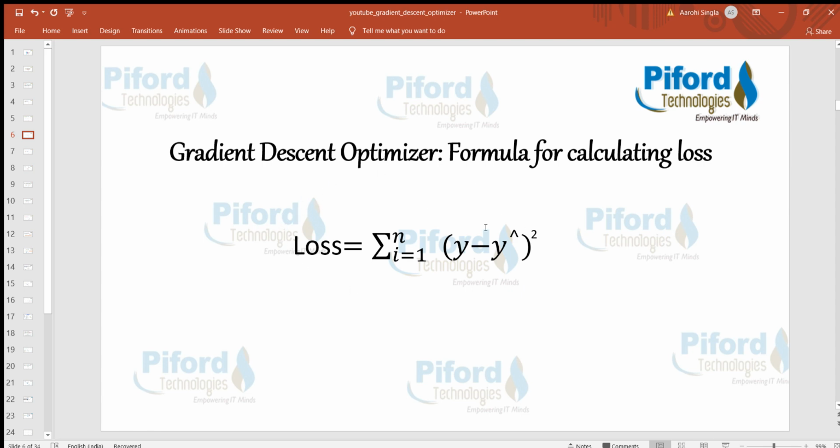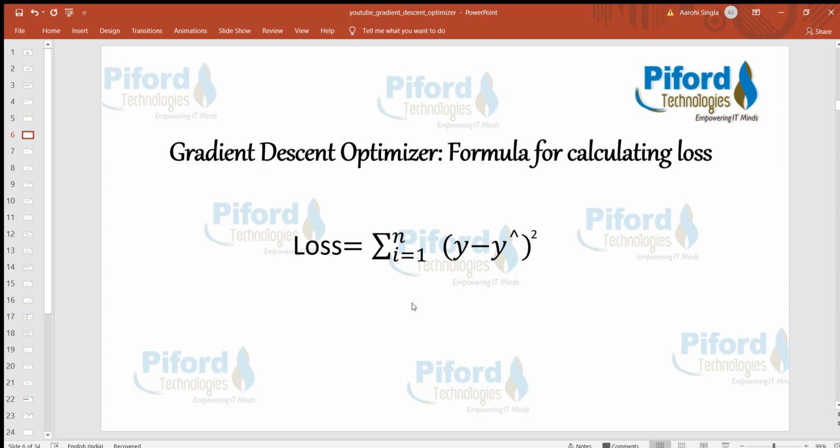The formula for calculating loss in the gradient descent optimizer is this. It is the summation from i equals 1 to n. I equals 1 to n simply means the gradient descent optimizer will take care of all the data points of your data set.